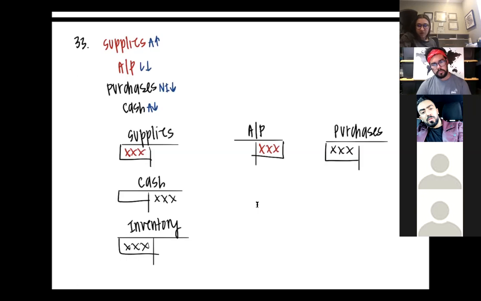And then cash should have been decreased. That's why assets are overstated. In terms of liability, it was increased when it shouldn't have been, so it's overstated. And then purchases should have been included, which is an expense to net income. So that's why net income is overstated.